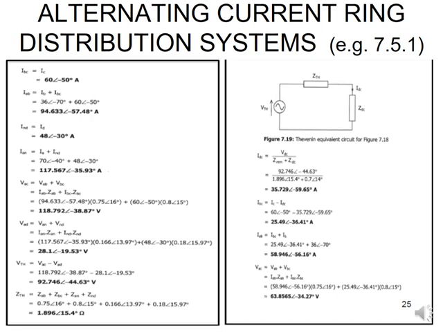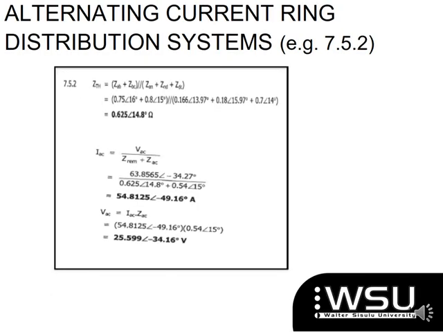Then you do your IAB, and your IAB is simply your IBC plus IB, and you get an answer there. So therefore, now that you've got your IAB and your IBC, you can calculate what your VAC is going to be. And you can see that your VAC is 63.85.